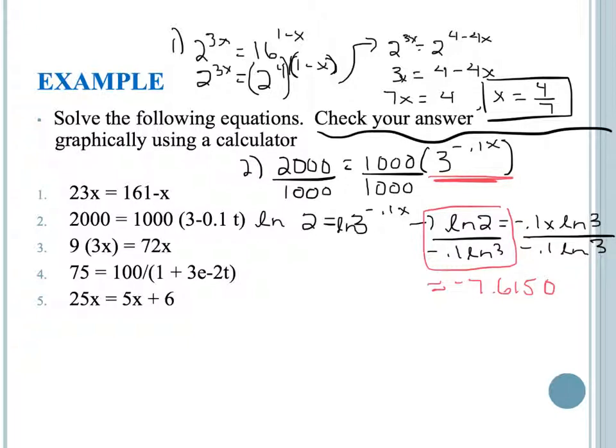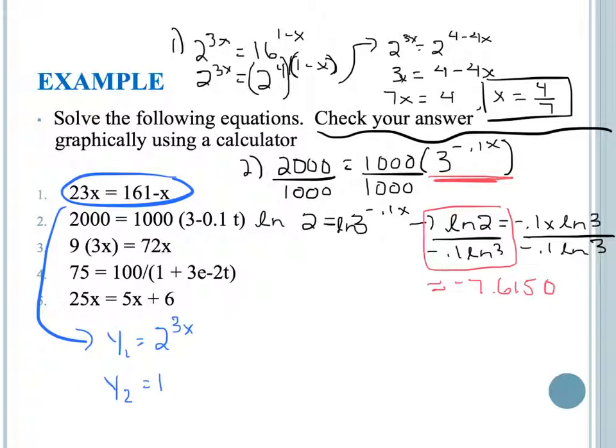So for instance, if we wanted to check the first one, I would have y1 equals 2 to the 3x, and I would have y2 as 16 to the 1 minus x up as my exponent.